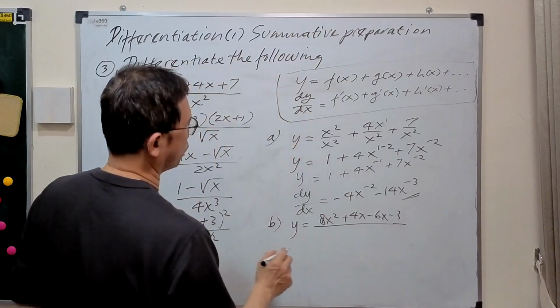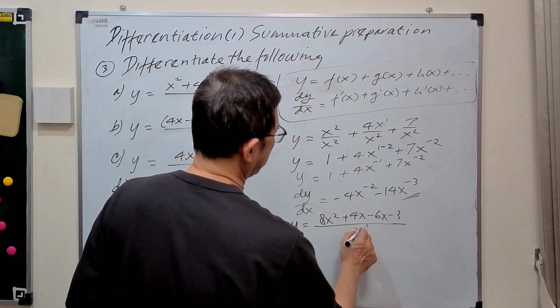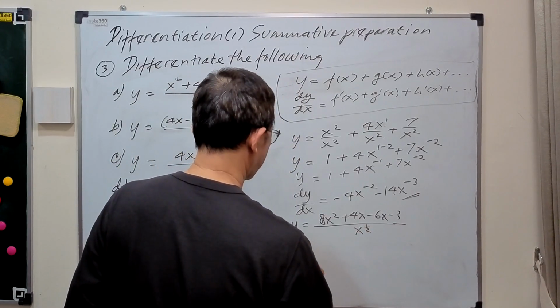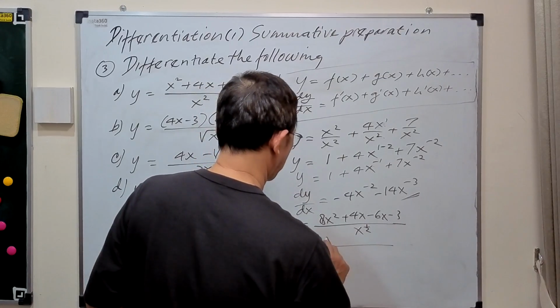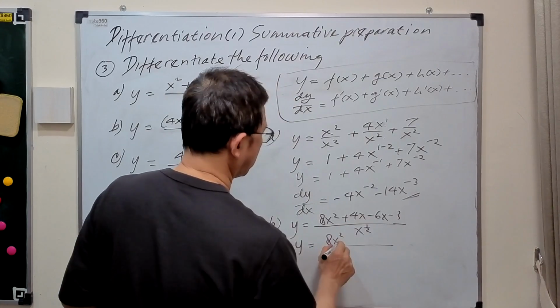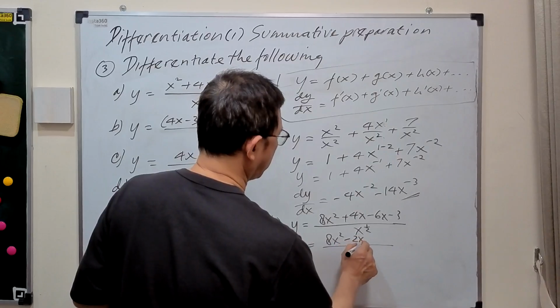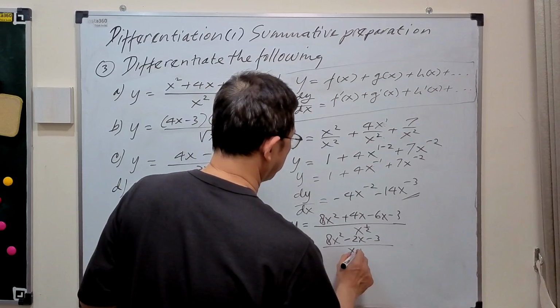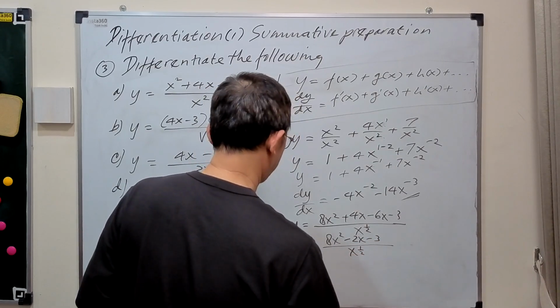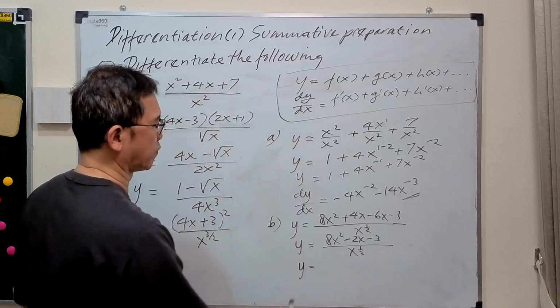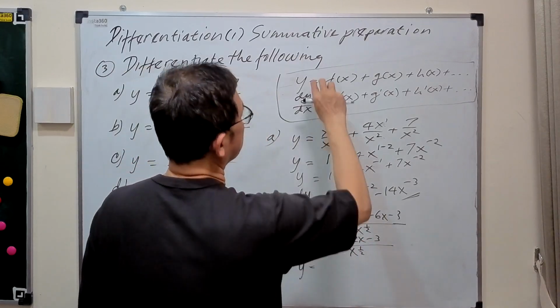This will be over x to the power of half. The top we can express as 8x squared minus 2x minus 3 over x to the power of half. Then convert this to this expression.